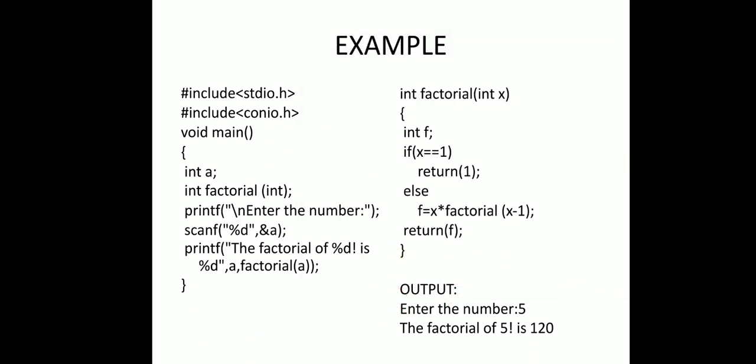Now let's see how we can implement this factorial using recursive functions. I will start with main. I have defined one variable called a, which is the number for which we want to calculate the factorial.